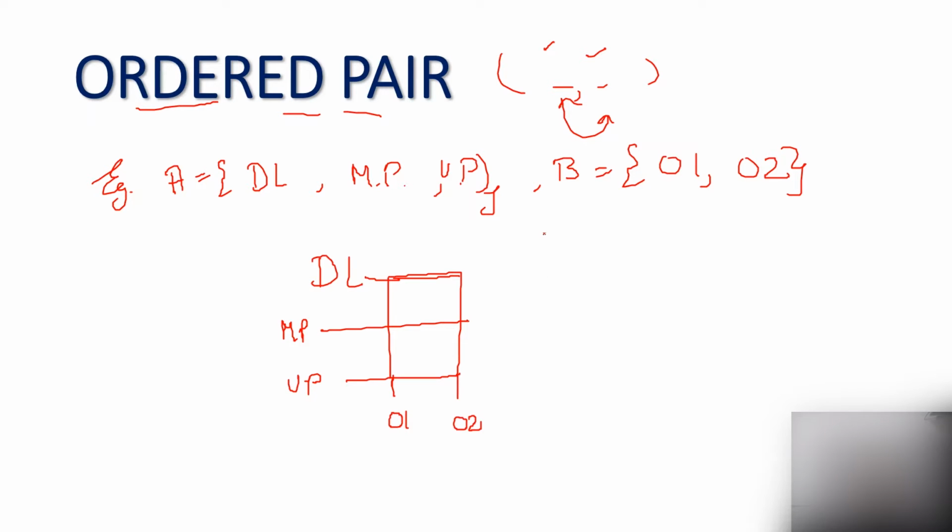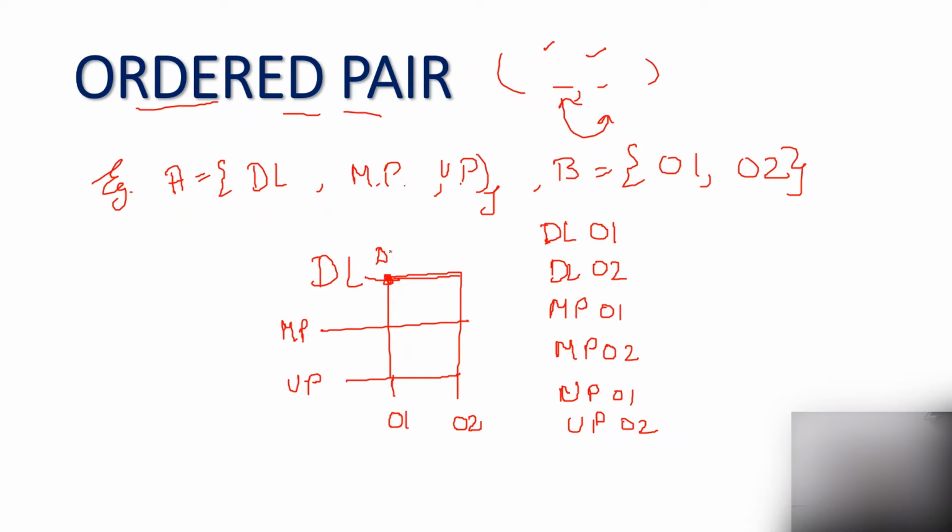What are the possibilities for the initial four characters of the number of a vehicle? It can be DL01, DL02, MP01, MP02, UP01 and UP02.